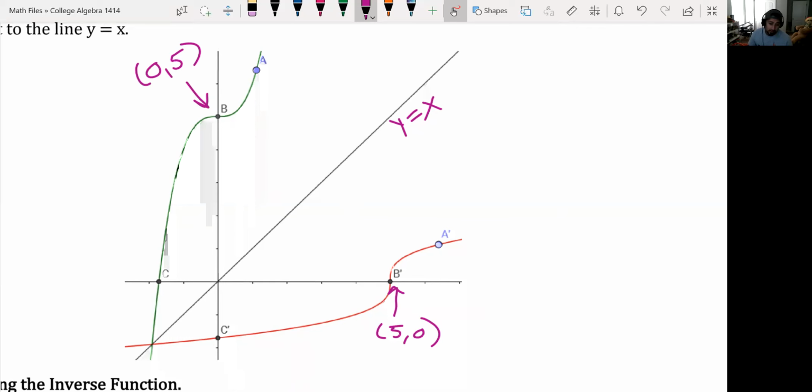Okay, let's just say, what is that, -1, almost -2. So this point, let's just say is 0, -1.8. And if you reflect it over the line, you'll get this point, -1.8 and 0. So inverses and their original function are symmetric over the line y equals x. You just reflect points across it.